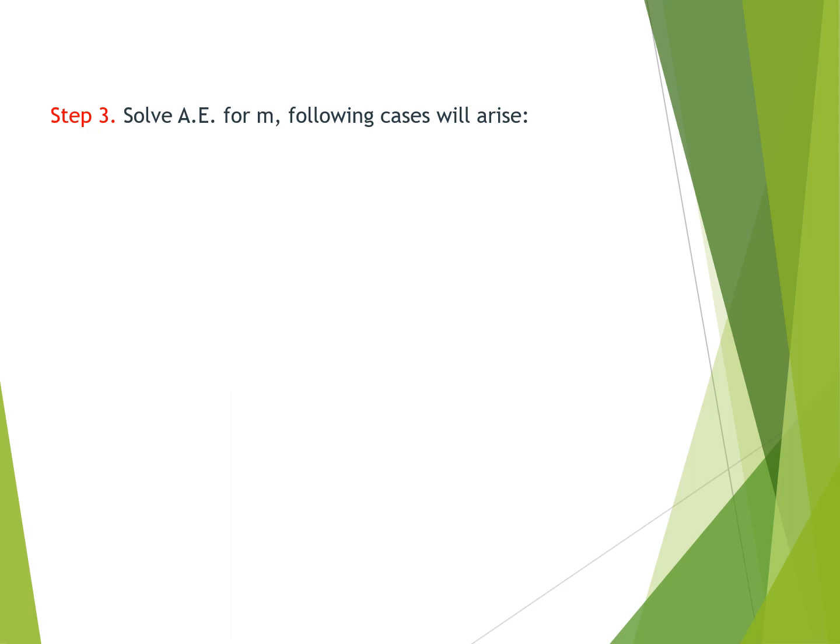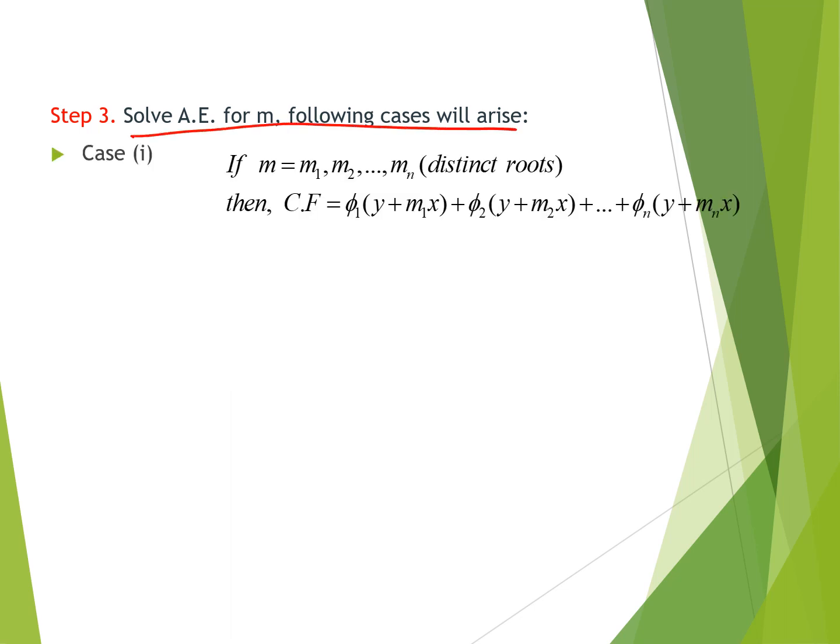Solve the auxiliary equation and you will get the roots. If the roots are m1, m2, m3, different roots, then the CF will be phi1 of (y plus m1x), phi2 of (y plus m2x), and similarly for the other roots. Here phi1 means a function in which all the terms are in the form of y plus m1x.